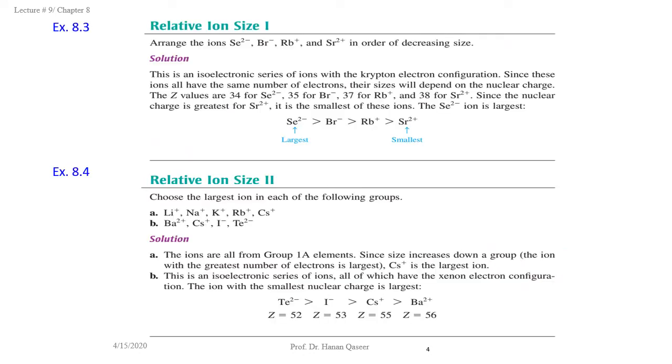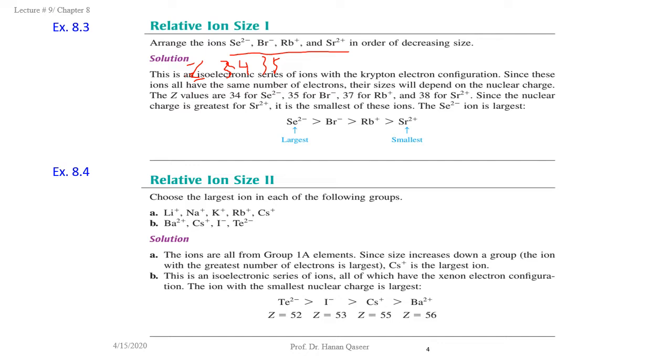Here we have the questions. The first exercise, we need to arrange these ions in order of decreasing size. You have to get the atomic number, or Z, of the atoms first. For selenium, 34. For Br, 35.